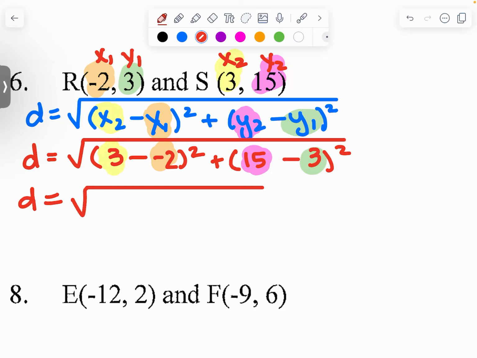Nope. 5. It's 5. Because when we subtract, we're adding the opposite. So subtract means adding the opposite. So this is 5 squared. And what's 15 minus 3? 12. How is it 12? 15 minus 3?